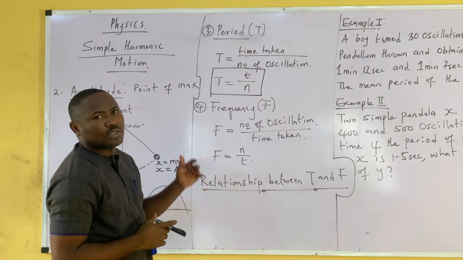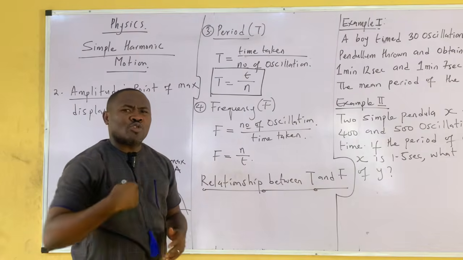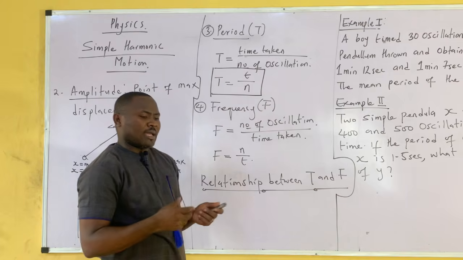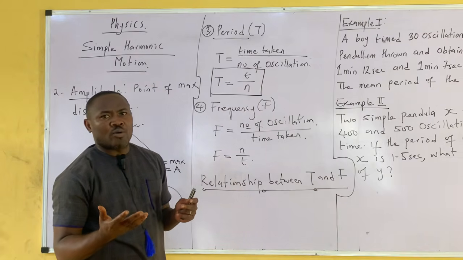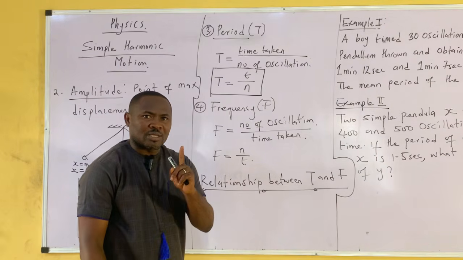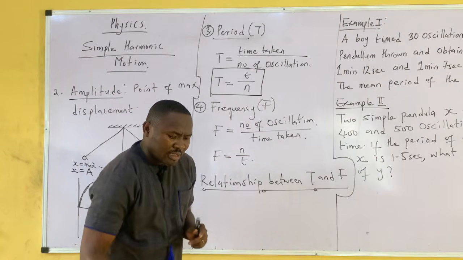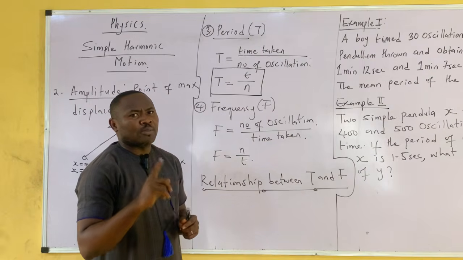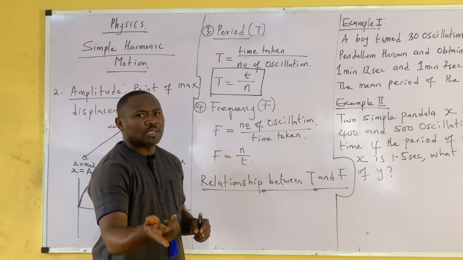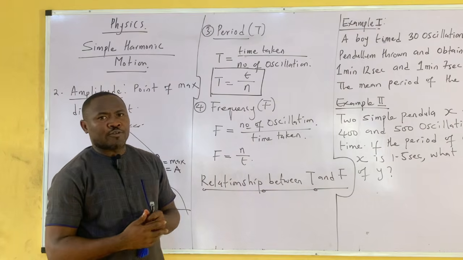Now, what about frequency? Frequency is the number of oscillations per unit time. Now, look at this. I can have a bouncy ball and I can bounce just 5 times per minute, but I can also increase it to become 10 per minute. So now the number of oscillations per unit time is what we call the frequency.